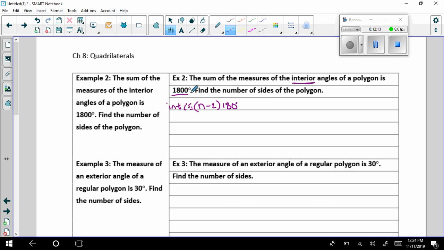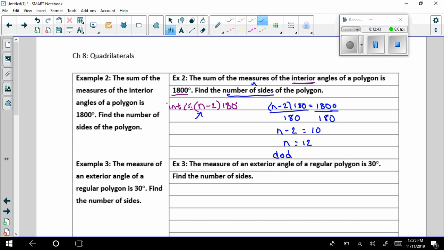All right, so we know that our interior angles is 1800, so that means that n minus 2 times 180 is equal to 1800, and we can solve for n, which is the number of sides. We're going to divide both sides by 180. So n minus 2 is equal to 10, and n is equal to 12.